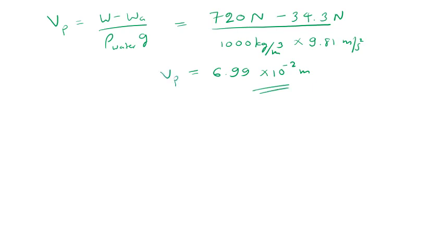Part B is asking what is his density. So we have to find the density of the person. If I write the weight equals mass times gravitational acceleration constant.